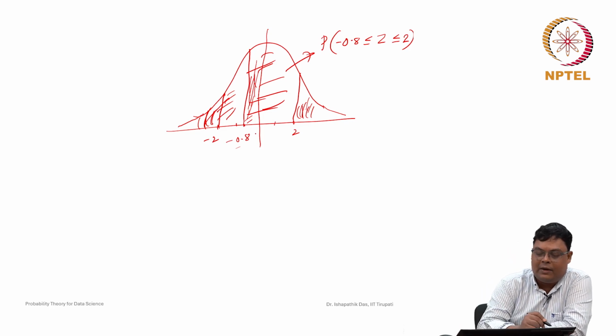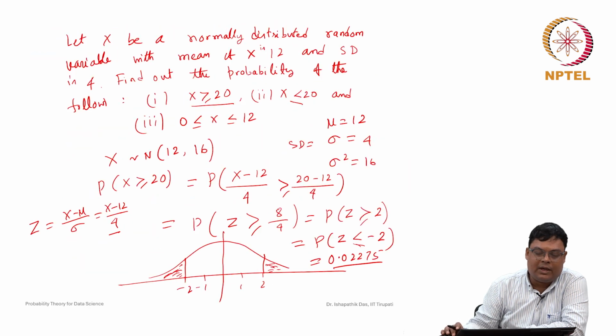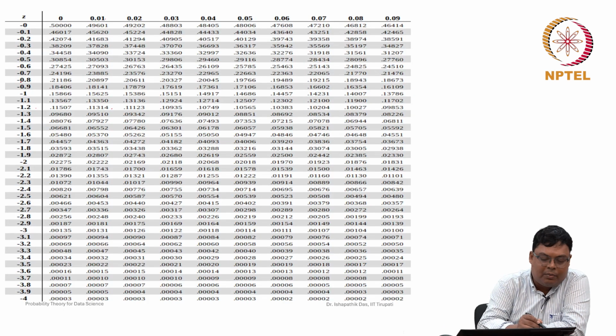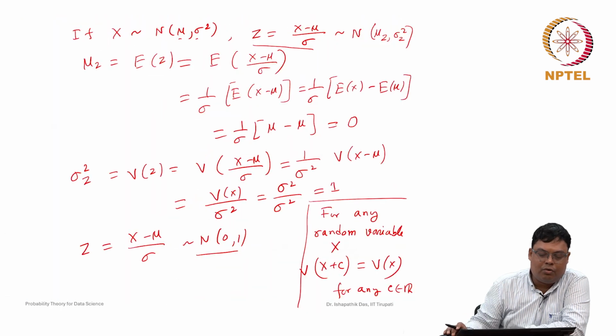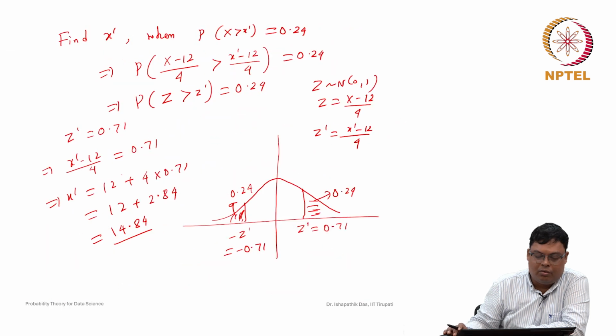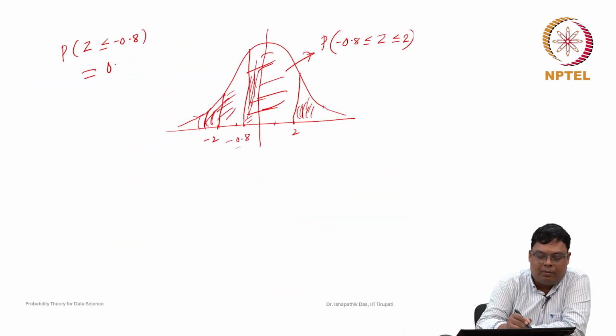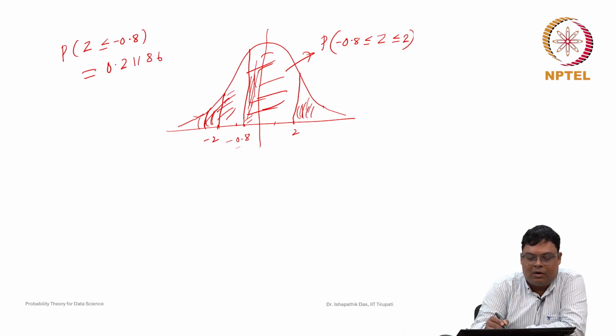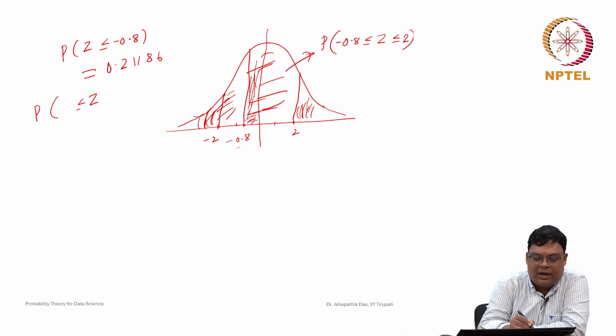First of all, we find the probability that z is less than or equal to minus 0.8 from the table. How do we find it from the table, because it is a negative number? This table is given. 0.8 is here, and the value is 0.21186. But we do not want that probability, we want this area, which is the probability that z is greater than or equal to minus 0.8 and less than or equal to 0.